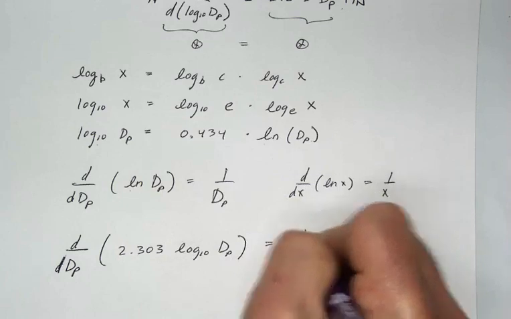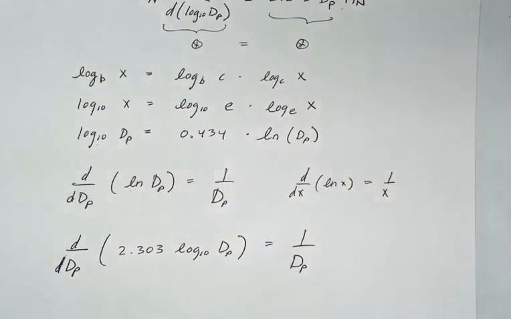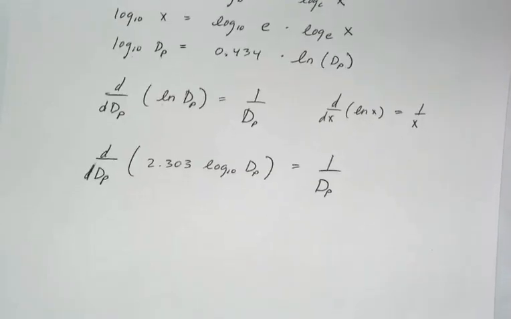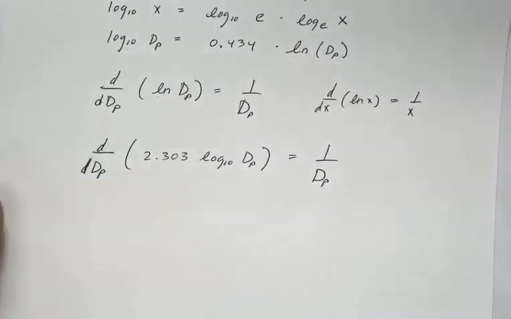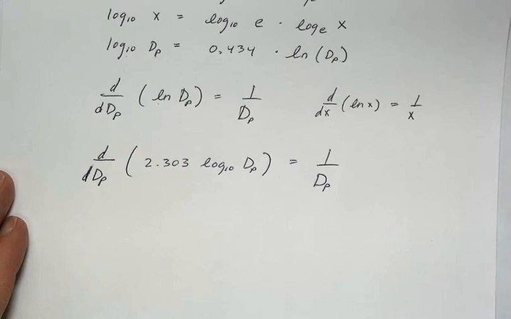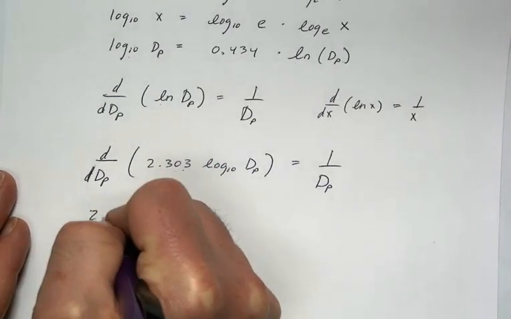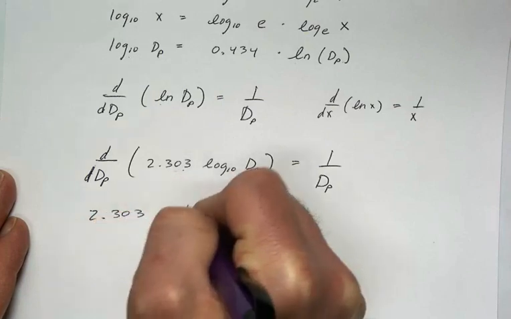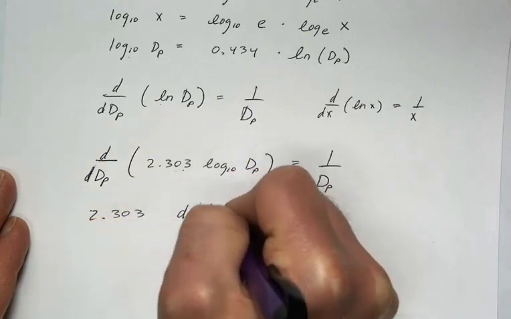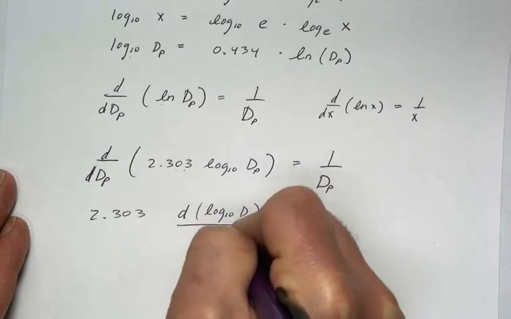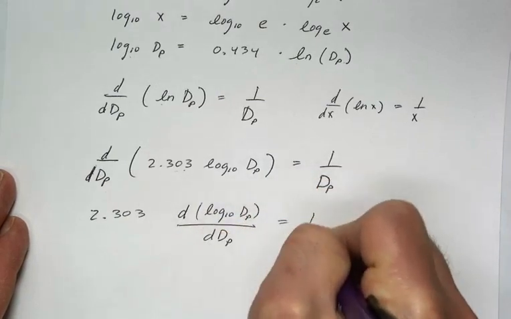It's going to be 1 over dp. Too many d's here, but right, and then we can pull this constant out, so that's 2.303 times d log 10 diameter over ddp is equal to 1 over dp.